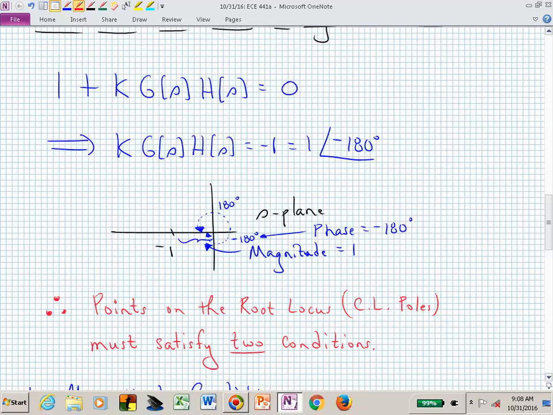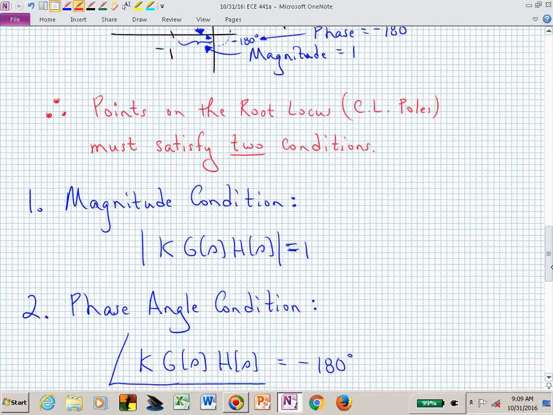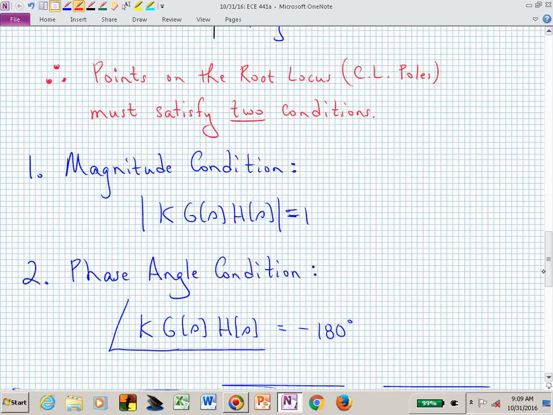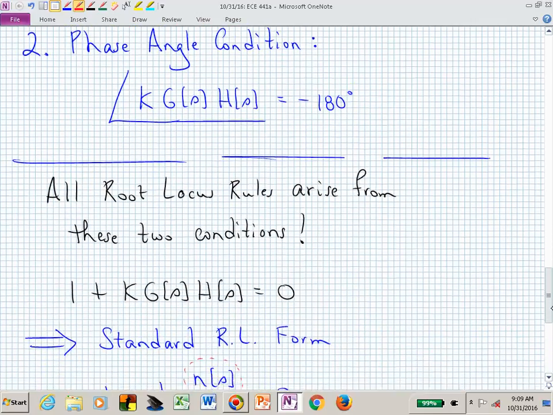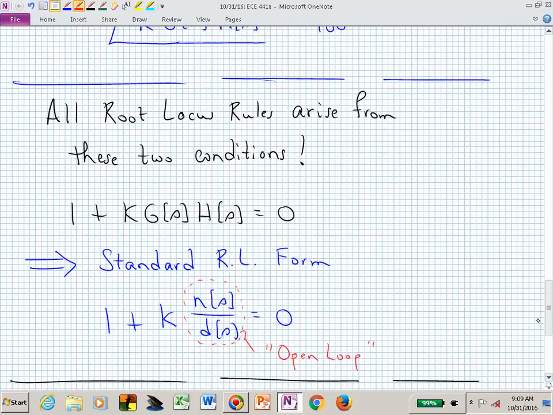If you solve that for k g of s h of s, all points on the root locus have to have an angle of minus 180 degrees, and the k to get them to that point is such that k g of s h of s has a magnitude of 1. Those are our two conditions: the magnitude condition and the phase angle condition, and we'll use these as we progress through our rules of constructing the root locus.